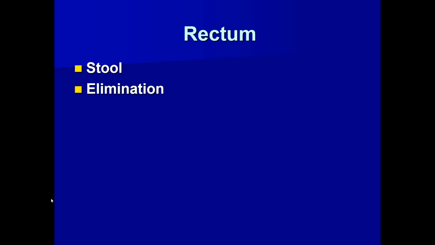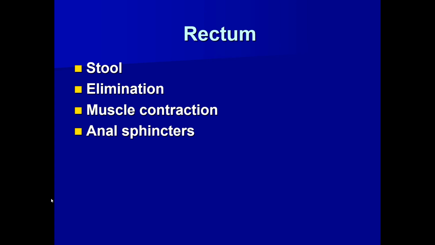Once it shows up in the rectum or anus, that does seem to trigger elimination, and then the opening of the anal sphincters. That's how you go to the bathroom.